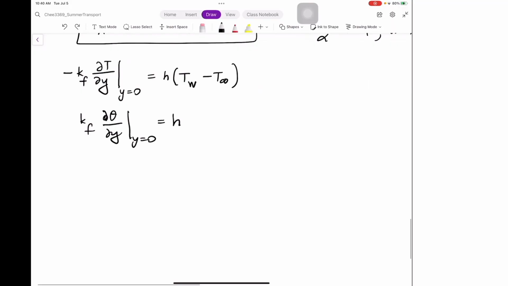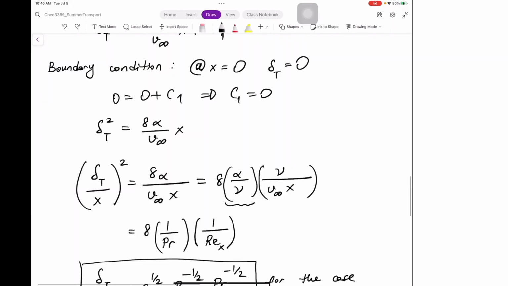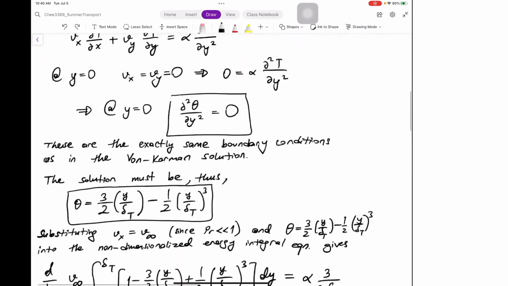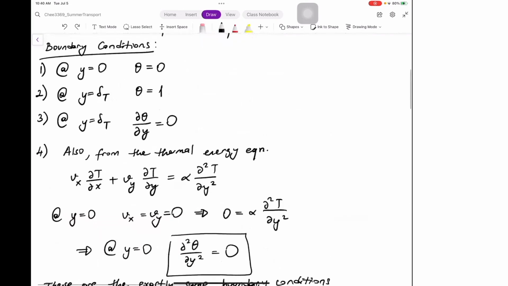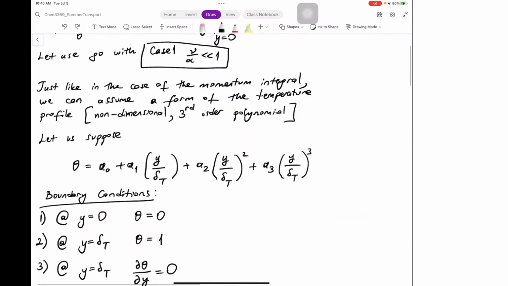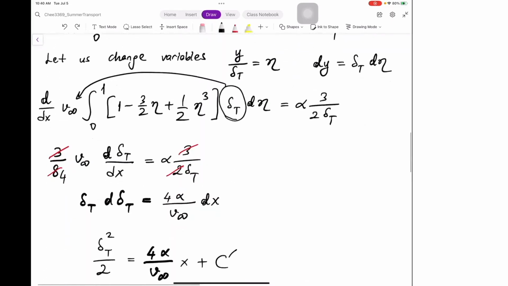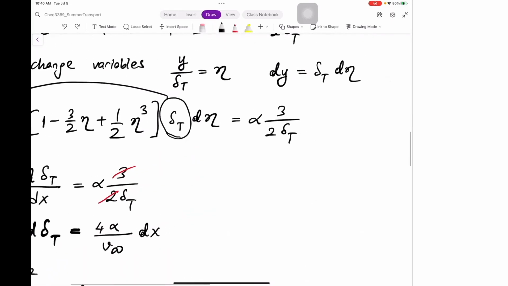So we get minus Kf del theta over del y at y equals 0 is equal to H. Do we know the value of del theta over del y at y equals 0? We had calculated it before.